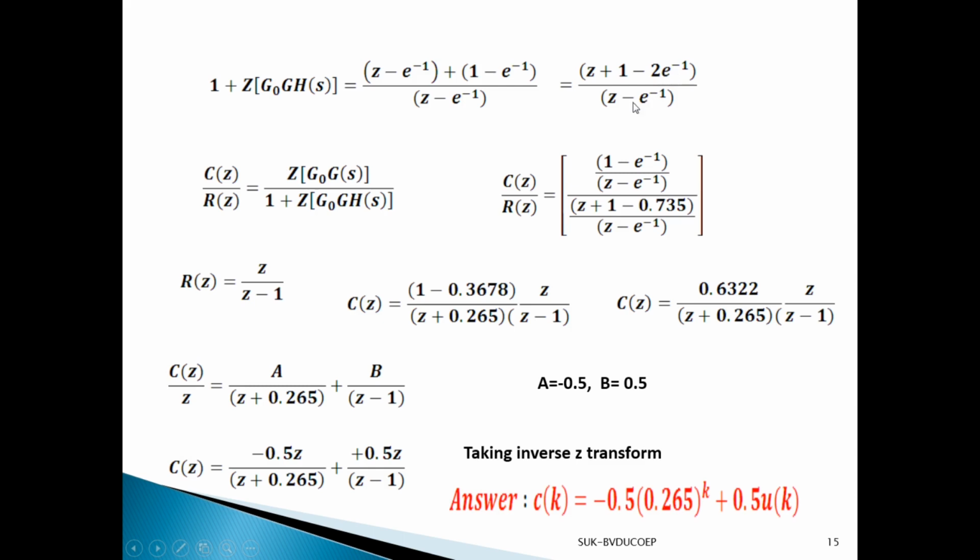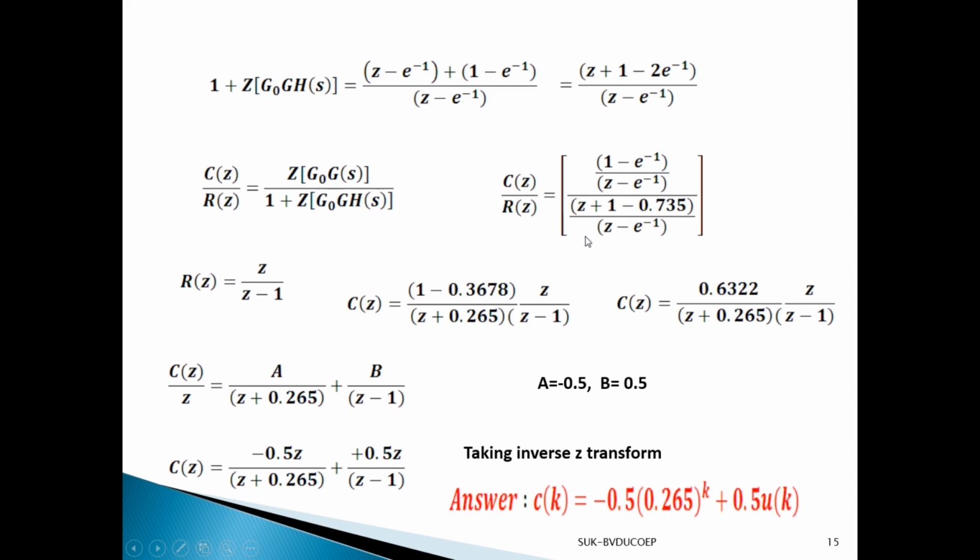So Z minus e raised to minus 1 plus 1 minus e raised to minus 1. So this will go, and 1 minus e raised to minus 1 is 0.632. And here also, Z plus 1 minus 0.736 is 0.265.